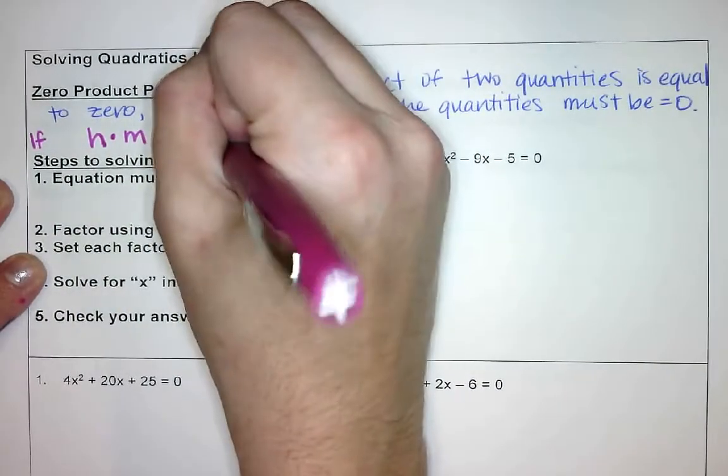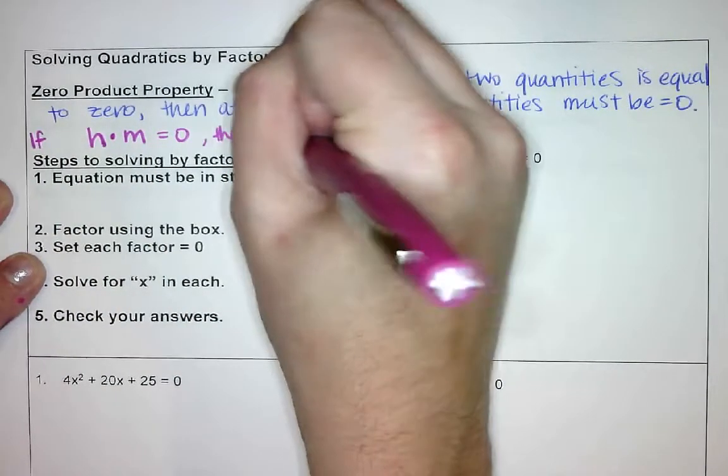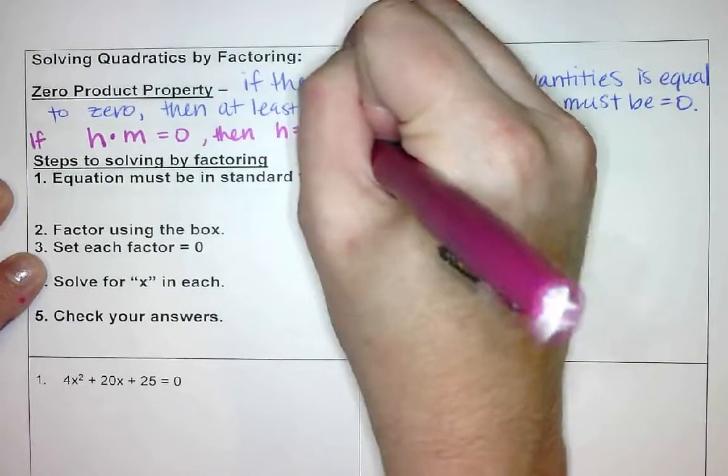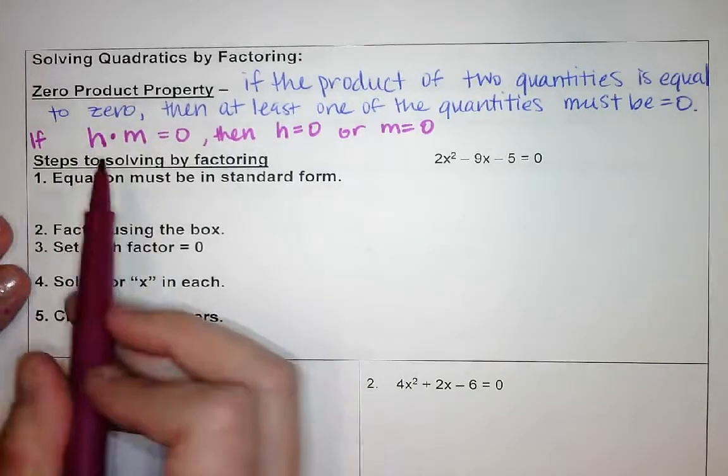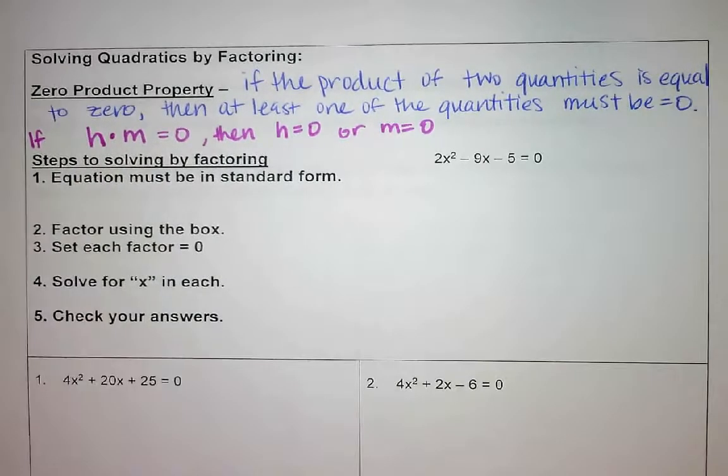Do y'all feel good about that? One of those has to be equal to 0. That's our zero product property. Now both of them could be equal to 0, but at least one of them has got to be equal to 0. And that works really great with our factoring here.